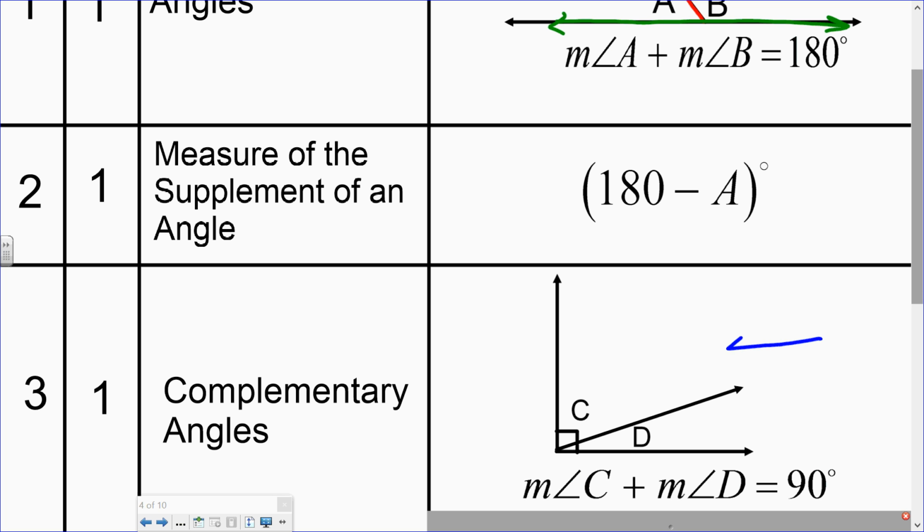We could have one angle here, and we could have the other angle, so I can draw that approximately right about like that. So I could still have them separated like that, and they would still be complementary. Same thing for supplementary. They do not have to be written side by side where they share one of the sides.